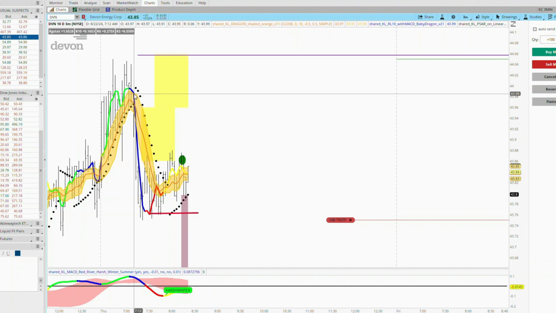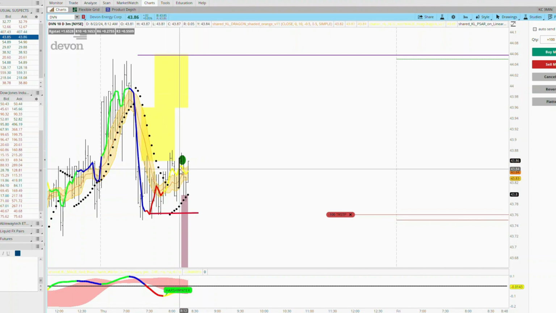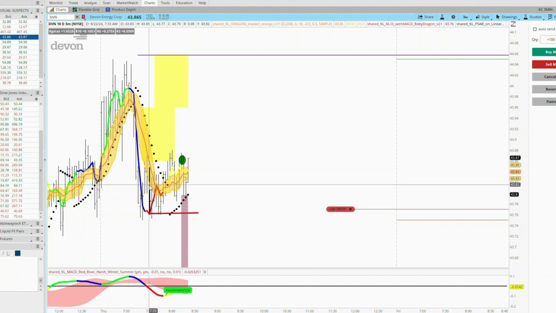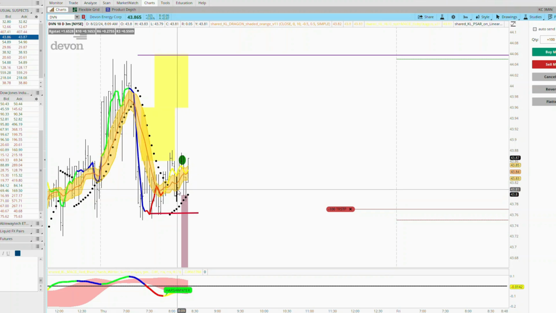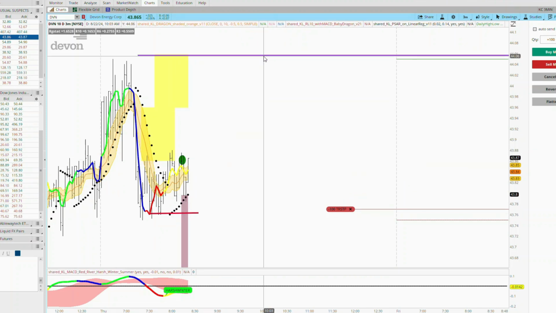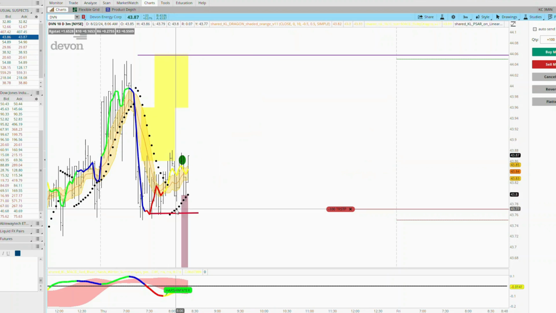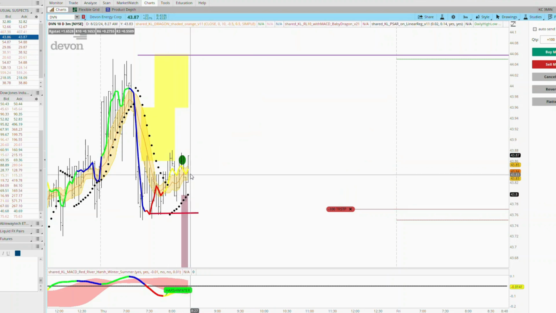Okay, so for Devon, you can see we just had an entry with this Kata 2. We had this move here with the SSC, which I missed. I wasn't around for that, but then it pulled back into the dragon, made this higher low. So we got in here, and I'm just using the simple caveman trail stop, but you could also use a PSAR as well. After it gets up, you could use the simple moving average, the spine of the dragon, moving average 10, like Ken's doing, any of those.